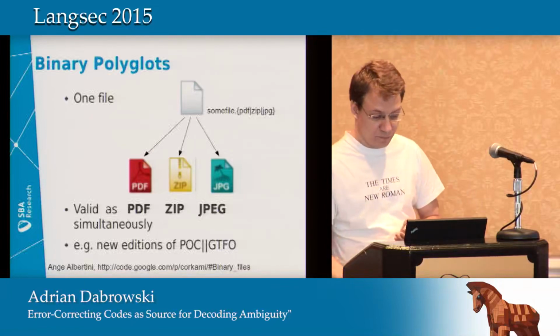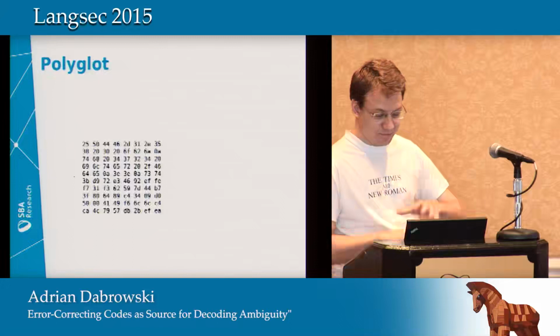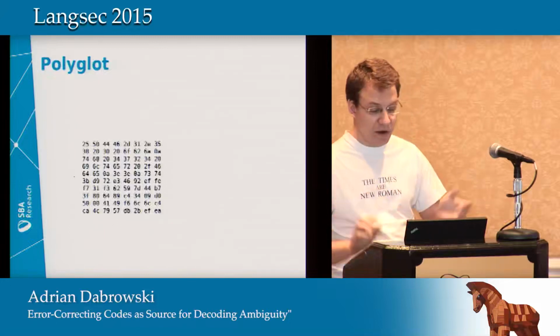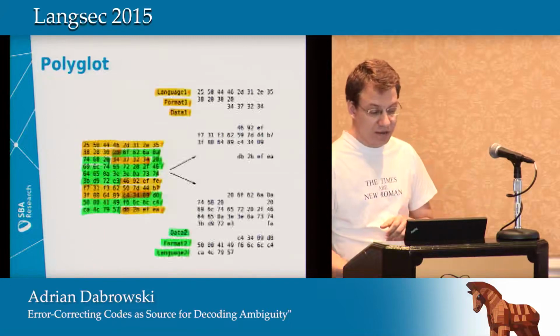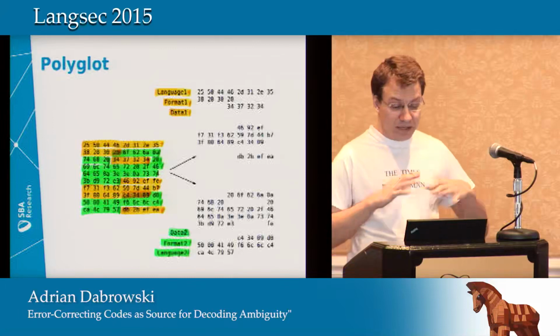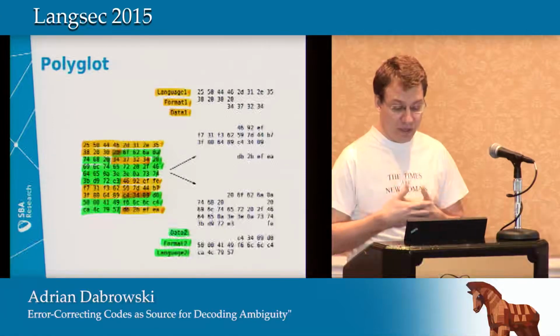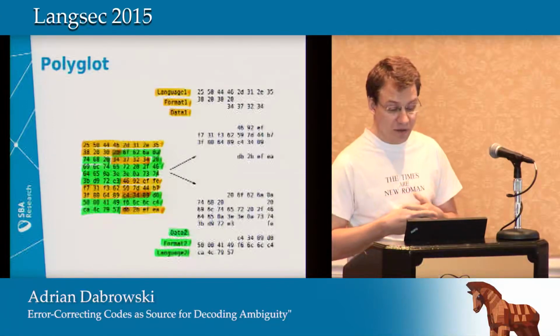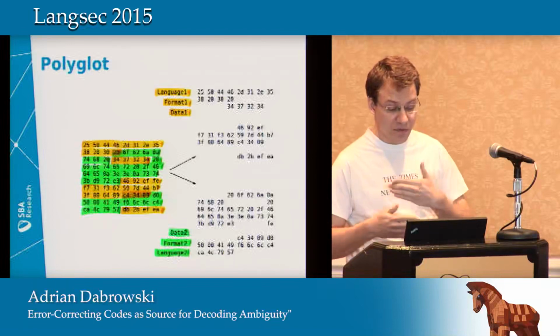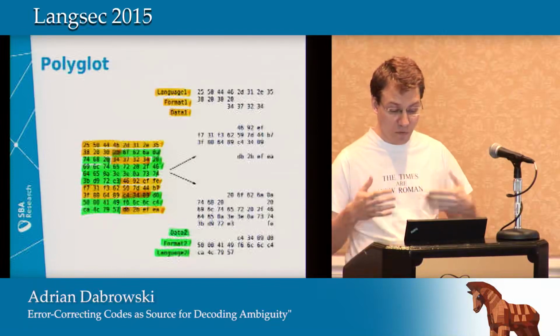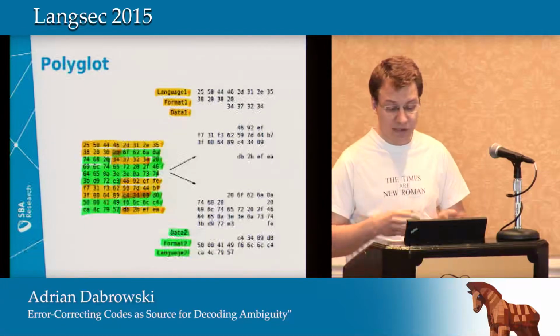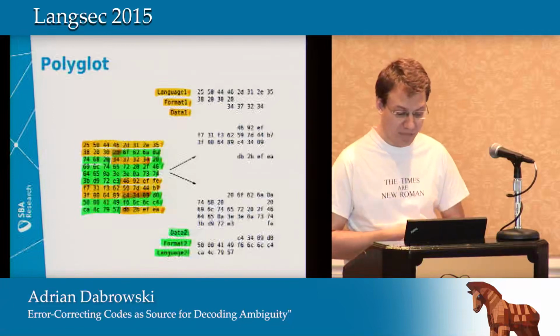So let's picture this a little bit. We have our piece of data, and we carefully interleave these different file formats together, maybe even reusing some of the bytes for both, and some bytes are only for one or the other file format.